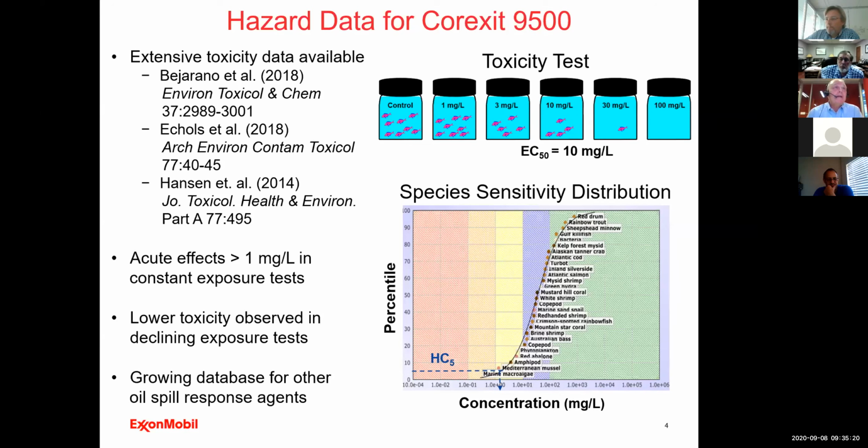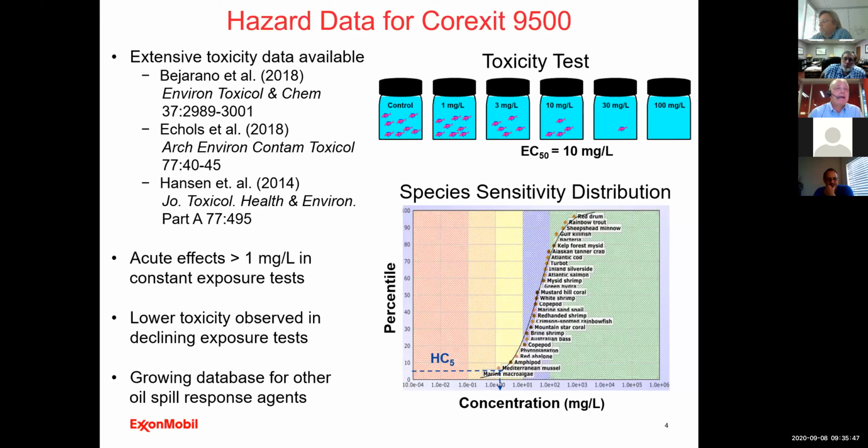One can take that toxicity data and construct the probability distribution referred to as a species sensitivity distribution to calculate safe concentrations, as illustrated in the plot on the right. You can see from that analysis that acute effects of dispersants don't occur until you get to concentrations above about a part per million in constant exposure tests.